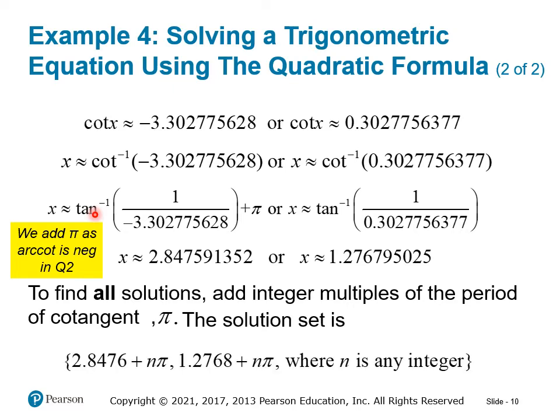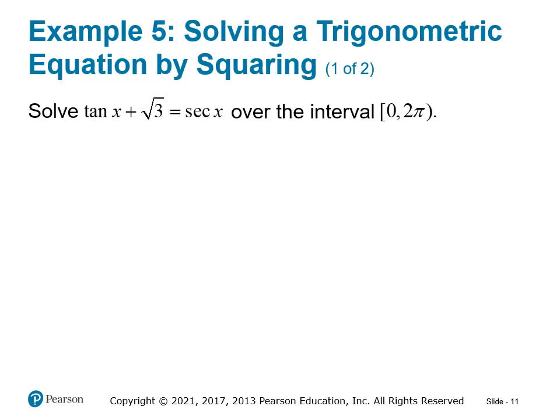So the solution set is 2.847 plus n pi, and 1.276 and so on plus n pi, where n is any integer. Hopefully that helps. This is a really weird condition, but you've got to be thinking, especially when dealing with inverse trig functions, about what the domain of that is. What is allowable? What quadrants are those function values allowed in?